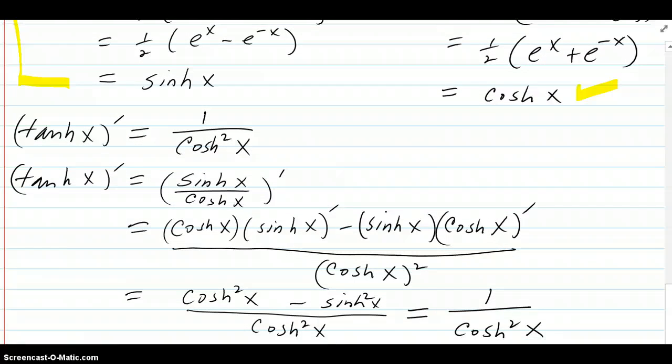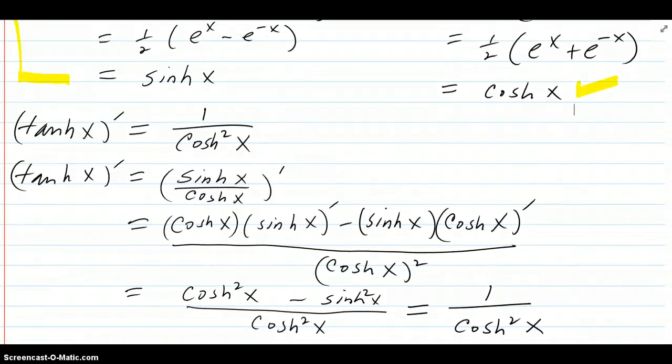Lastly, the derivative of the tanh of x, hyperbolic tangent, is just the way it is in regular trig, secant squared, but it's cosh squared, 1 over cosh squared.